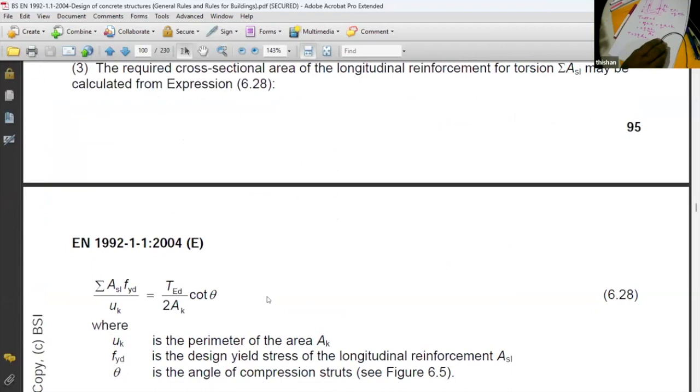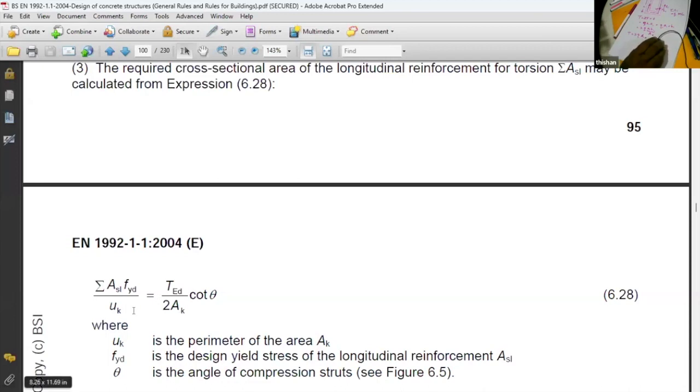It gives this particular equation, which says the total longitudinal reinforcement requirement is a function of the torsional moment applied, 2AK and UK.